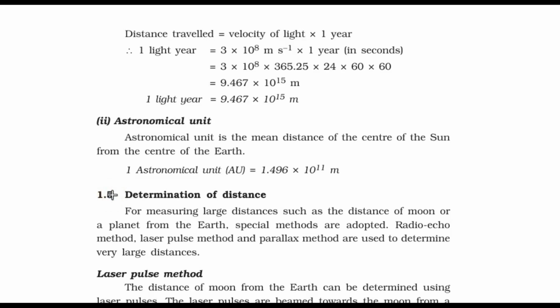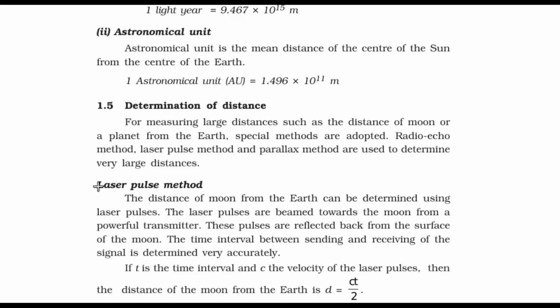For measuring large distances such as the distance of the moon or a planet from the earth, special methods are adopted. A radio echo method, laser pulse method and parallax method are used to determine very large distances. The distance of the moon from the earth can be determined using laser pulses. The laser pulses are beamed towards the moon from a powerful transmitter.